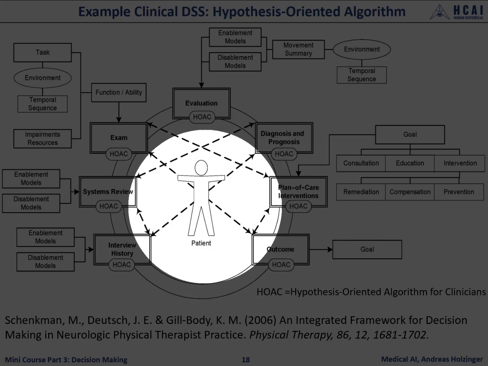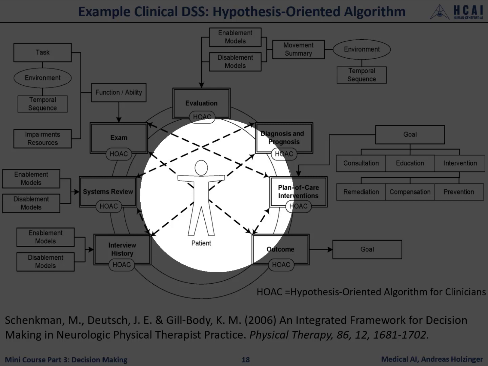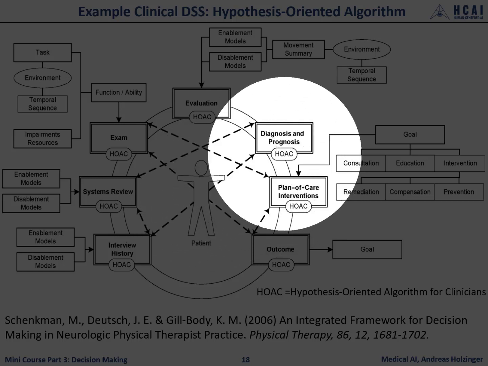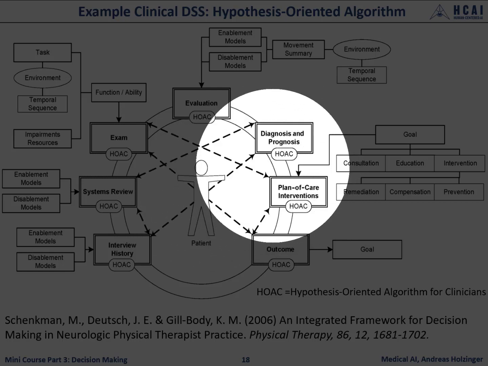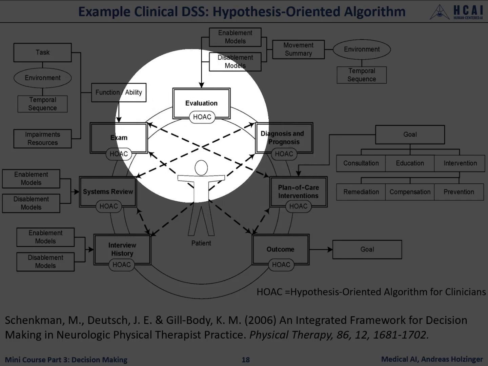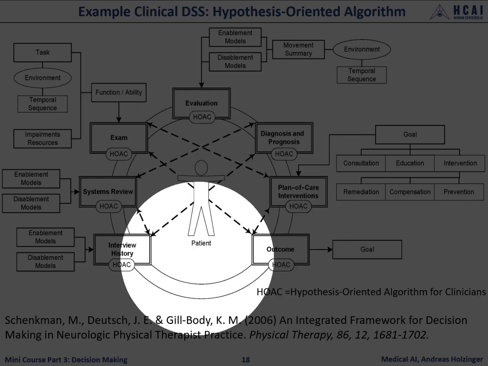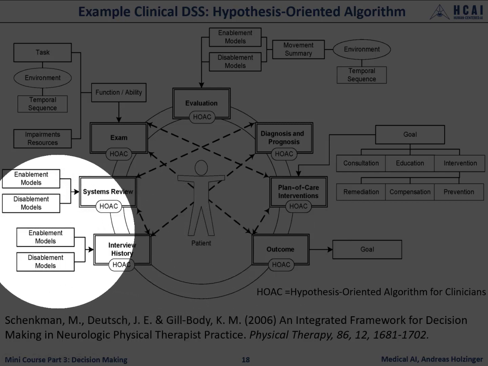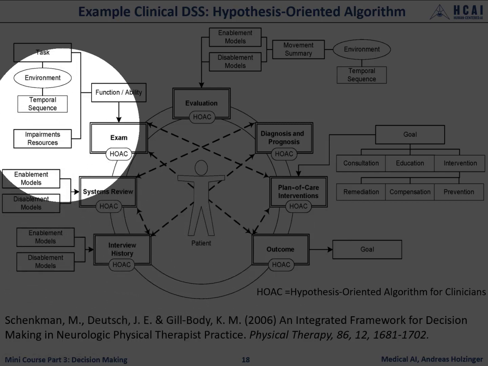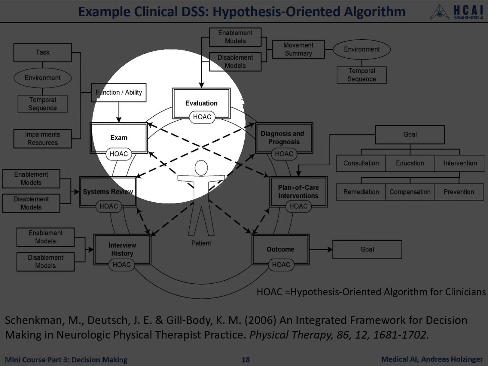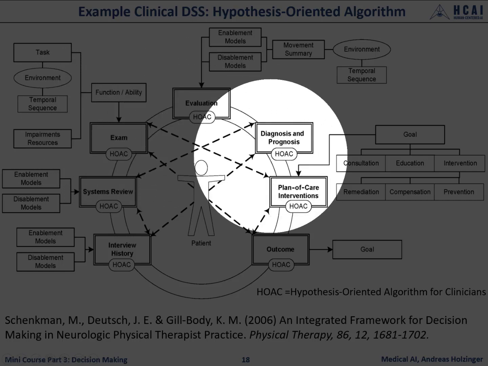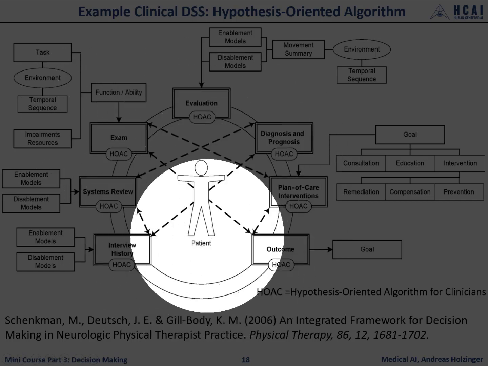And you have this hypothesis-oriented algorithm for clinicians' approach. For each step you have different algorithms, and each step is supported by data and by algorithms to get the best possible decision support in this setting.